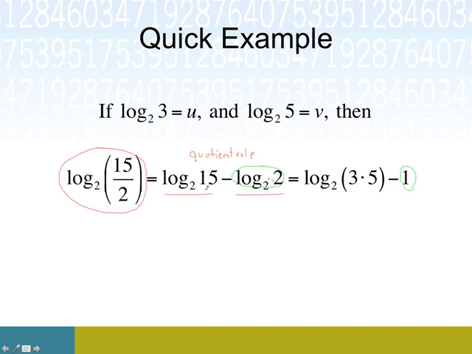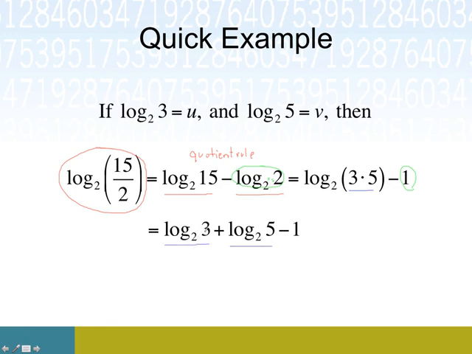And then in the interest of turning this 15 into something more like u's and v's, you might notice that 15 is the same as 3 times 5. There's no log property going on there. We're just rewriting the input, 15 as 3 times 5, which is absolutely equivalent. But then we've got a situation where the product rule for logarithms could pan out. We've got two things getting multiplied inside of a logarithm. That's the same as having those two things getting added separately.